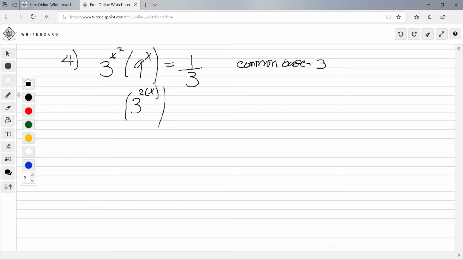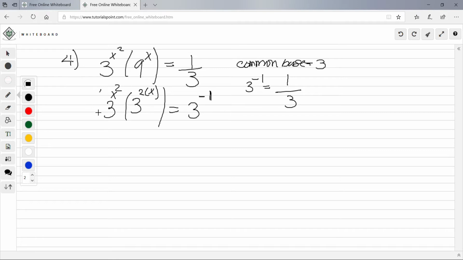Then bring down the whole thing, so it's 3 to the x squared times 3 to the 2x equals... what's another way we can say 1/3 in base 3? 3 to the negative 1 is the same thing as 1 over 3. Good, everything has a base of 3.